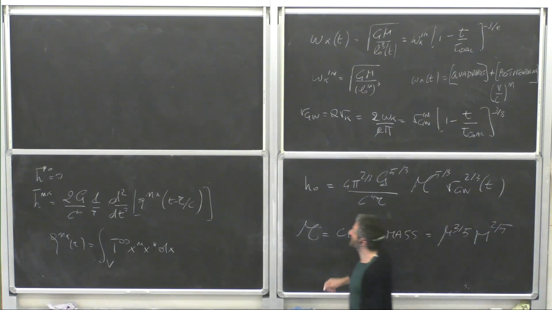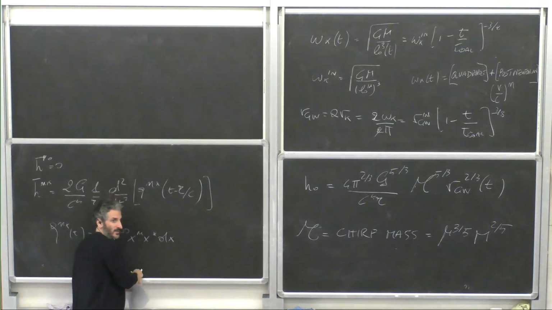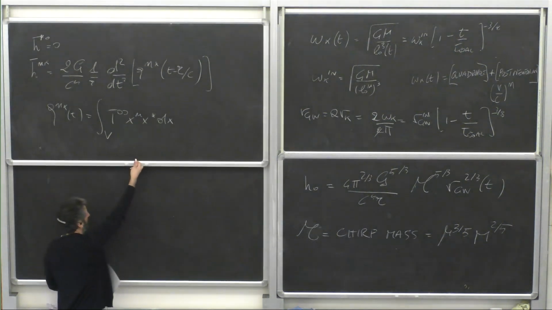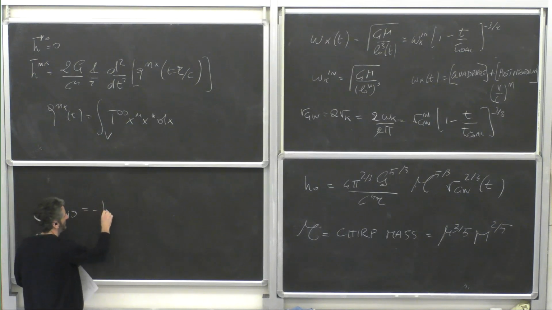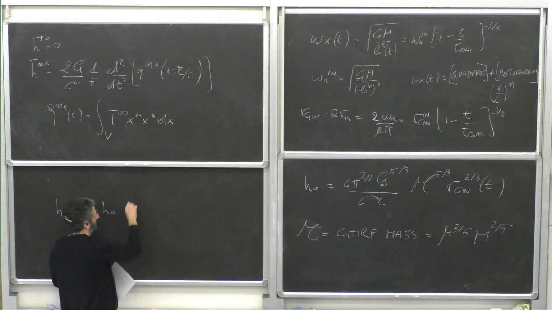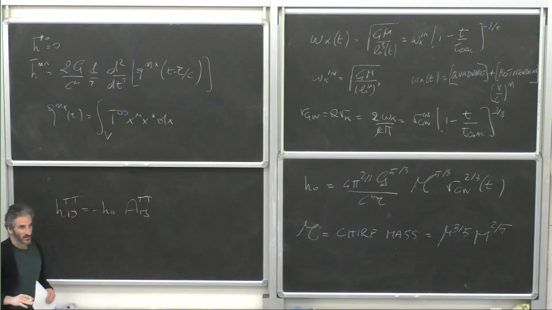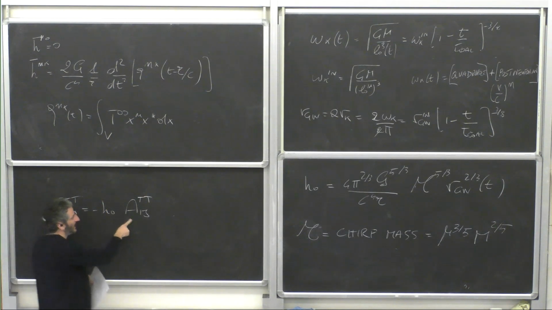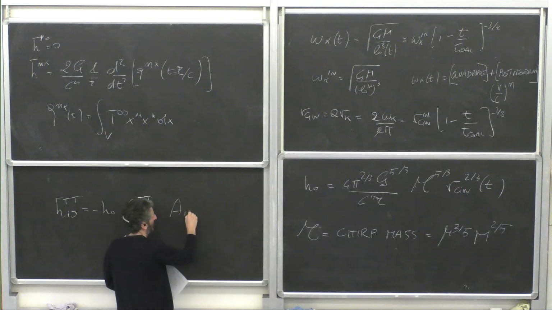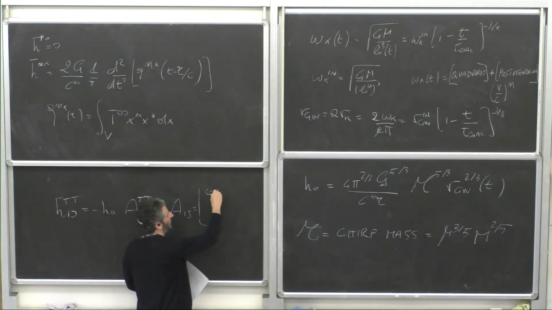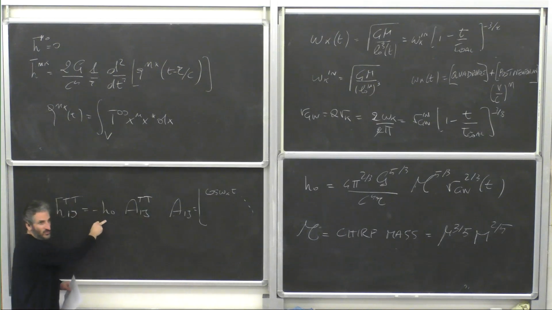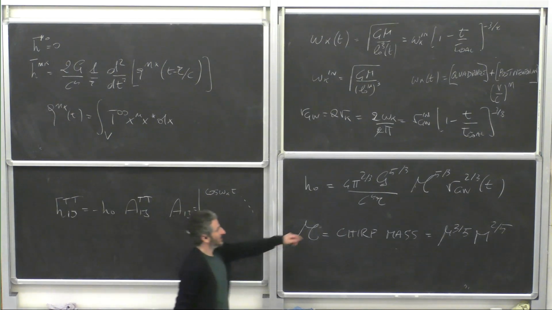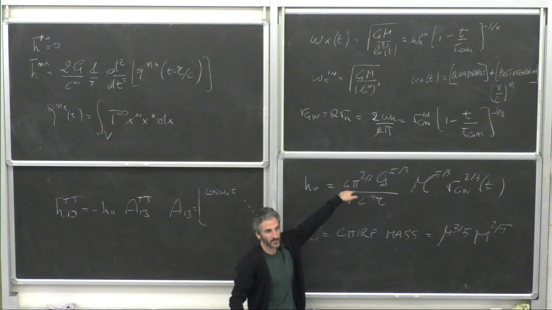h0. If you take your notes of yesterday, we basically wrote the components h_ij as minus h0 and then A_ij in the TT gauge. So the h_ij was a matrix containing cos omega_k t and so on, and then h0 just contains the 1 over r dependence and the mass products.